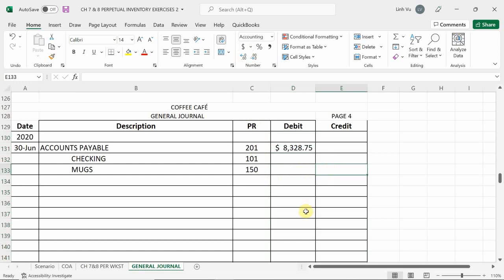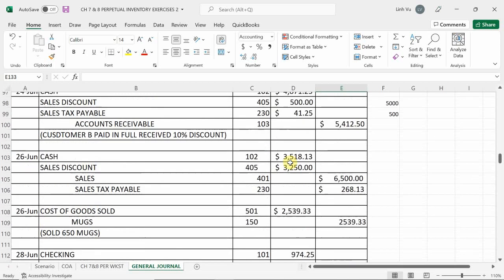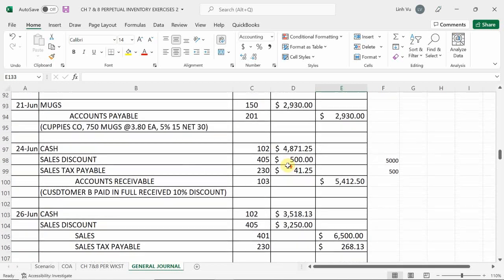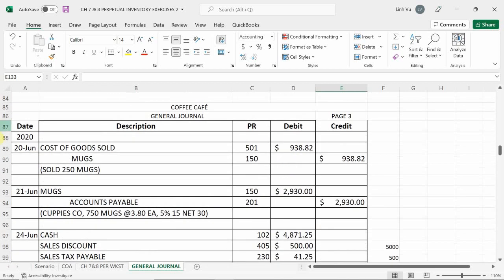Now we know for a fact that we should have got a discount, right? 5% off of what we had up here, right? For the 21st purchase. We purchased the inventory for $2,930, but don't forget this includes the freight, right? So in this case, we need to calculate what? $750 times $3.80.